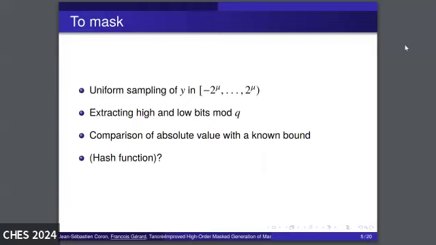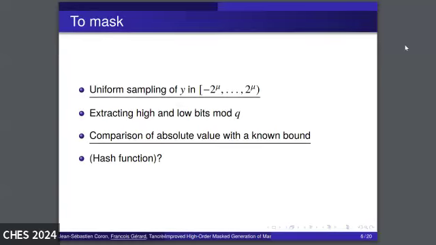These are the hard steps to mask. So uniform sampling of a value in a range, extracting the high and low bits, comparing with an absolute value, and maybe the hash function, depending on the discussion about w1. But anyway, for today, I will only speak about those two steps. These have been masked in the past, and we have techniques for that, but the techniques we have now are more efficient.